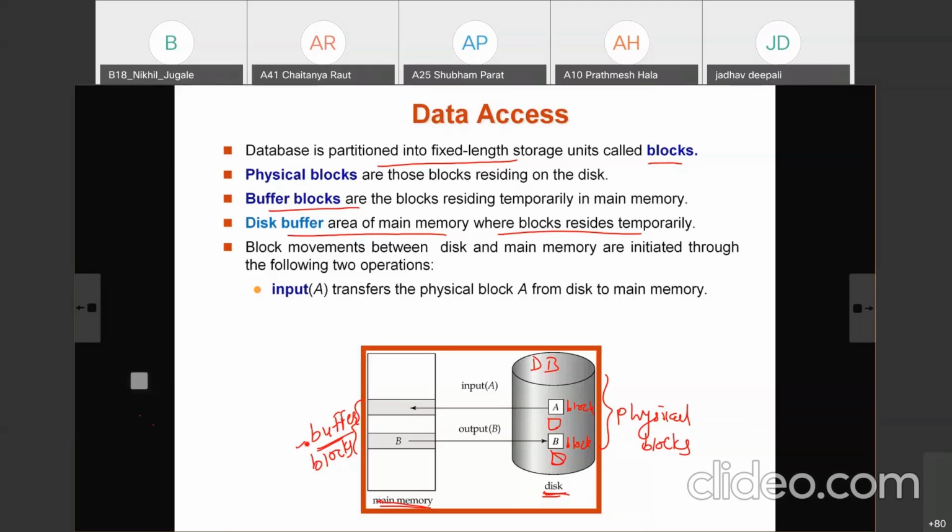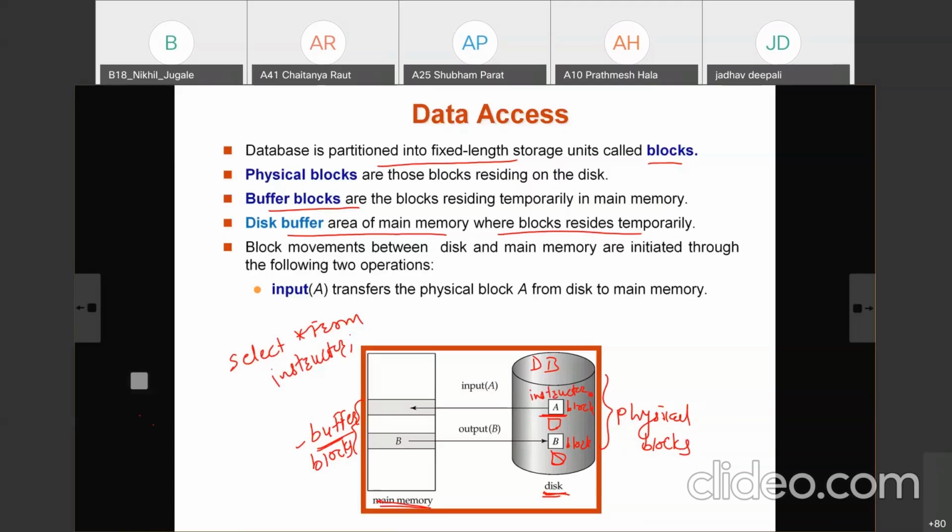Now, whenever we execute any instruction or transaction, some kind of block movement is required. The blocks need to be transferred from disk to main memory and main memory to disk. For example, suppose I execute the instruction select star from instructor, and the instructor information is stored in this block, which is on the disk, not in main memory.